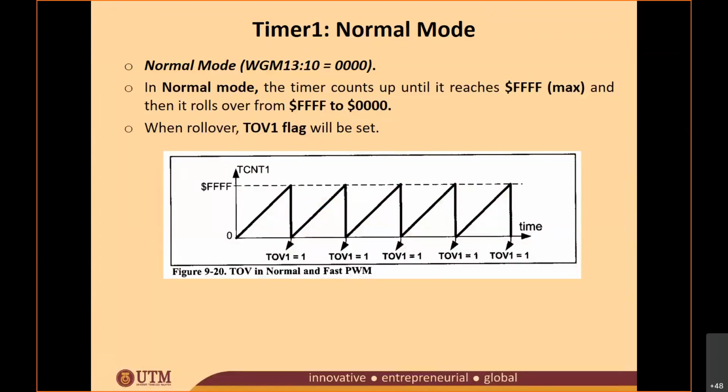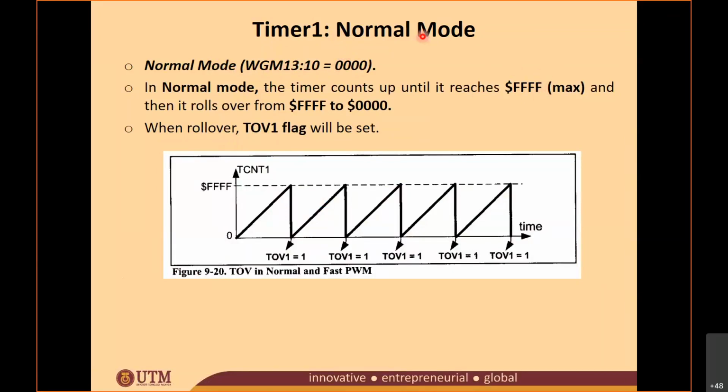Again, your timer 1 can be divided into 2 modes, which are normal mode and CTC mode. For normal mode, the value that you're going to put is 0000, for WGM13 to WGM10. So in normal mode, the timer counts up until it reaches FFFF, which is the maximum inside your TCNT.